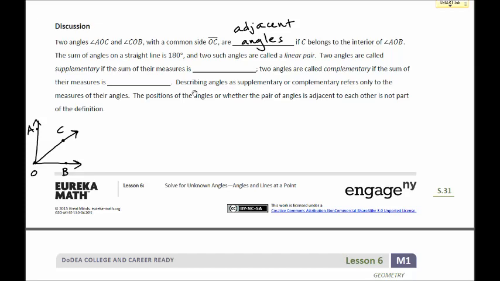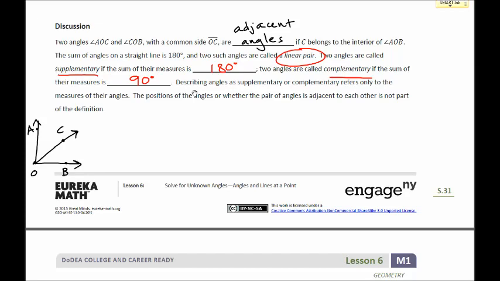The sum of angles on a straight line is 180 degrees. And two such angles are called a linear pair. Two angles are called supplementary if the sum of their measures is 180 degrees. Two angles are called complementary, that wasn't in the earlier content, if the sum of their measures is 90 degrees.